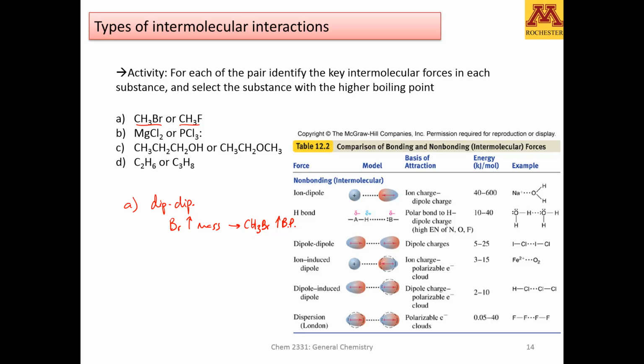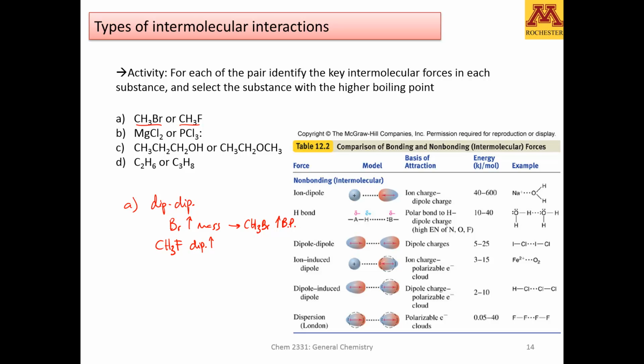You may be thinking, wait a minute, how about the extent of the dipole? And you would be right. It's also true that for fluoromethane, the dipole is larger. So this is why these kinds of problems are hard to tell, because you could say that because fluoromethane has a larger dipole, that may override the factor of mass.